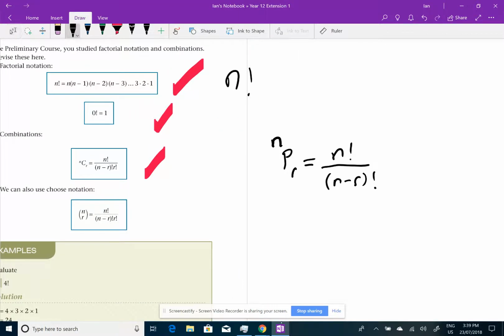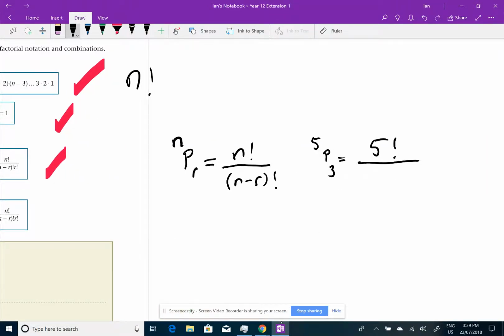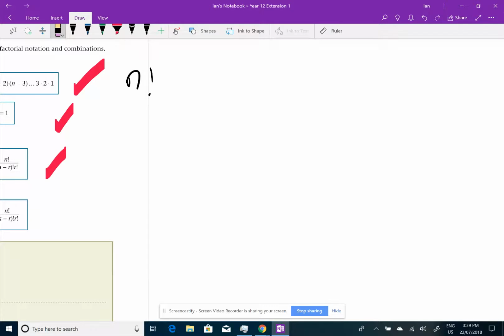So, for example, 5P3 is 5 factorial over (5 minus 3) factorial, which equals 5 factorial over 2 factorial. Now that's permutation. Now we don't want permutation. I'm just going over old ground so that you remember what we're talking about.